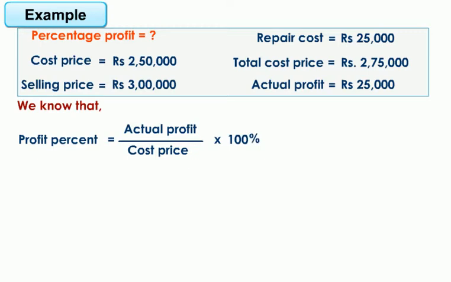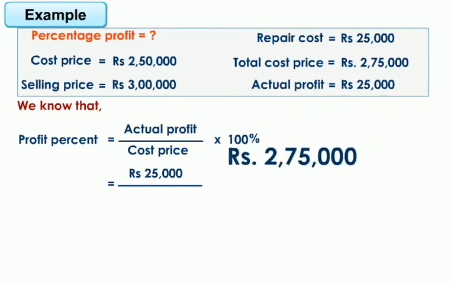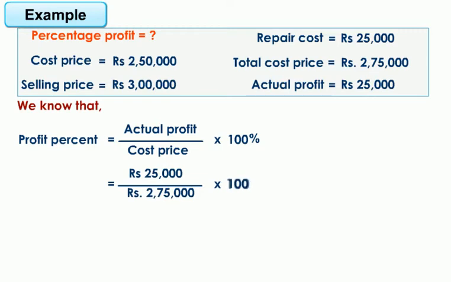Now let us substitute the values and we write rupees 25,000 divided by rupees 2,75,000 into 100. This gives us 100 by 11%. That is 1 by 11%.